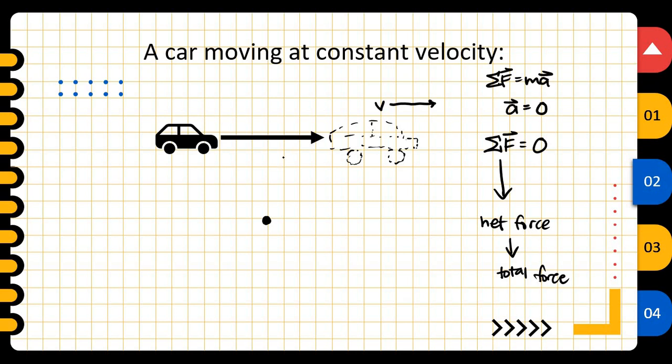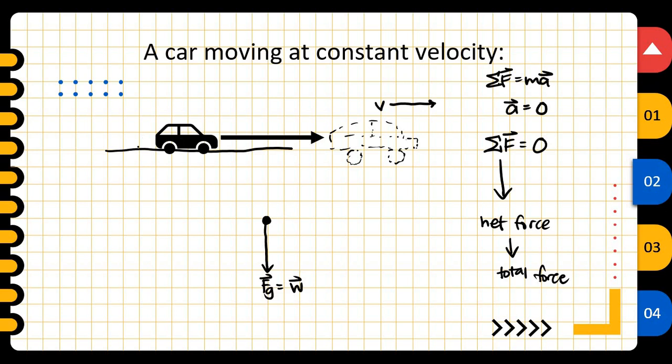Now, since the car is moving along, let's assume that the car is moving on a flat surface. So the car's mass is being pulled constantly downwards by a certain force. And that force is the force due to gravity, which again is equal to the weight of the car.